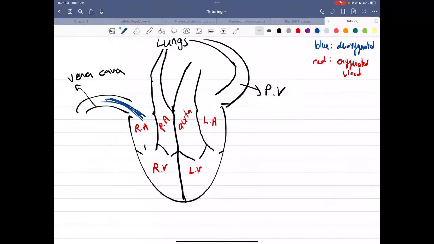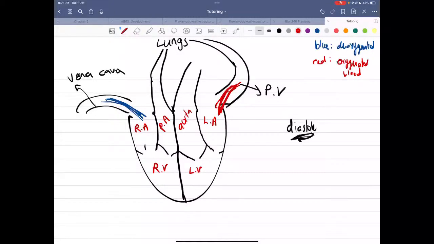And now pay attention. Now I'm talking about diastole. So no contraction of our heart muscle. They're all relaxed. So while we have deoxygenated blood entering our right atrium, we have oxygenated blood entering where? Our left atrium from the pulmonary vein.